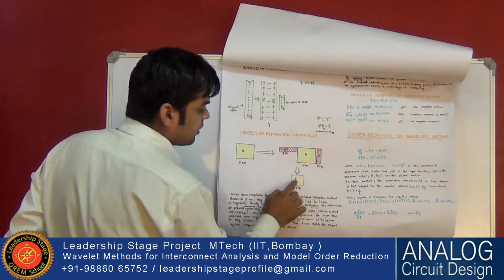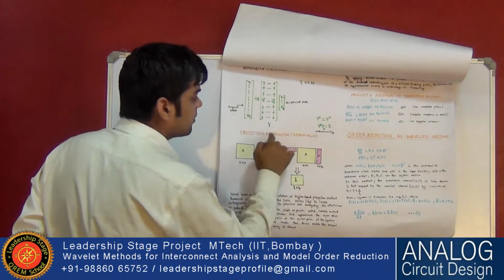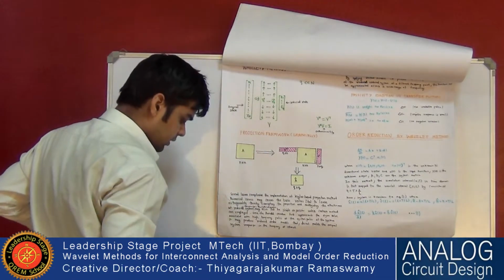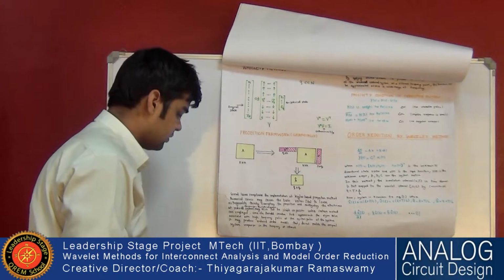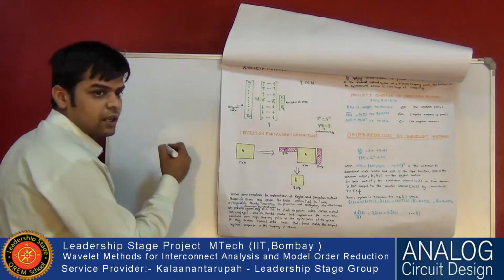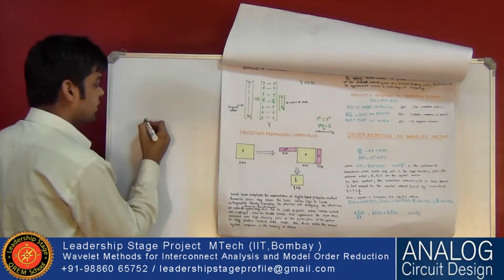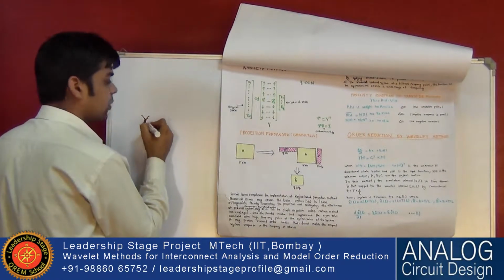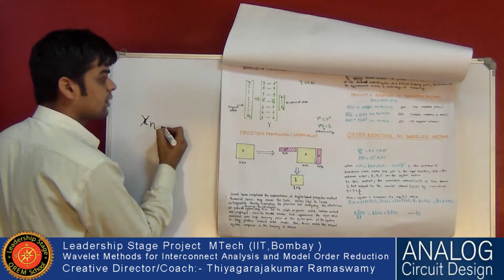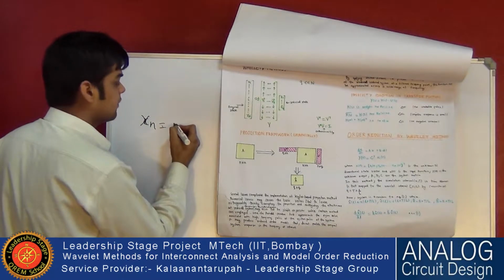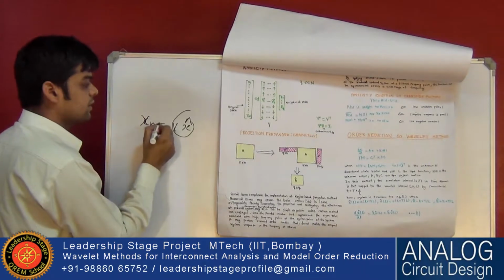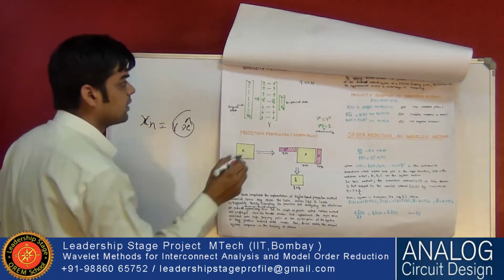If you multiply the whole equation, if you substitute x here, x, which is xn, is represented by V into x bar. Sorry, I forgot to write that equation. So we put this x in this equation.